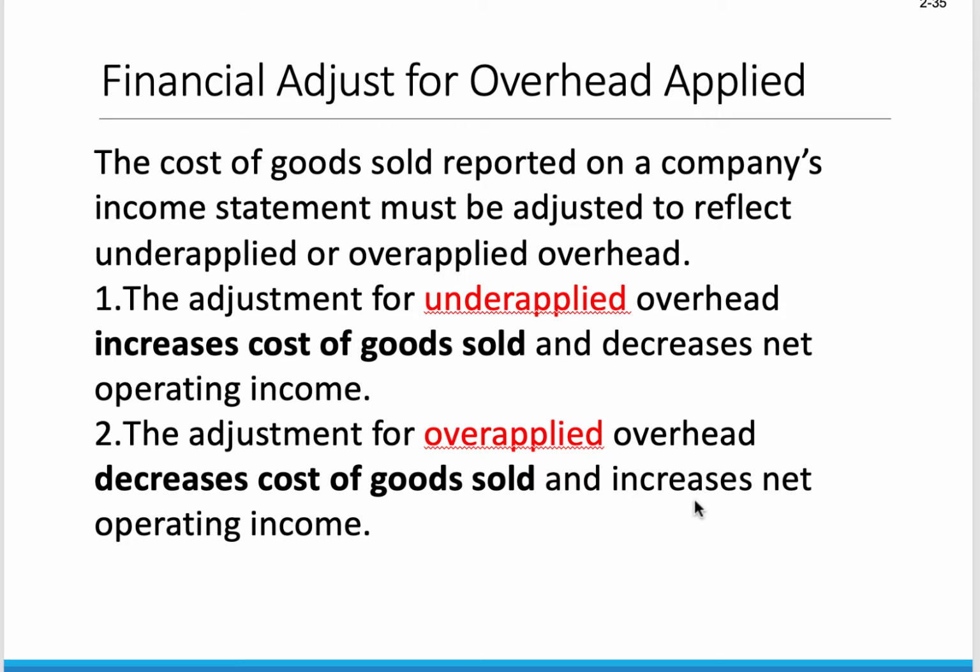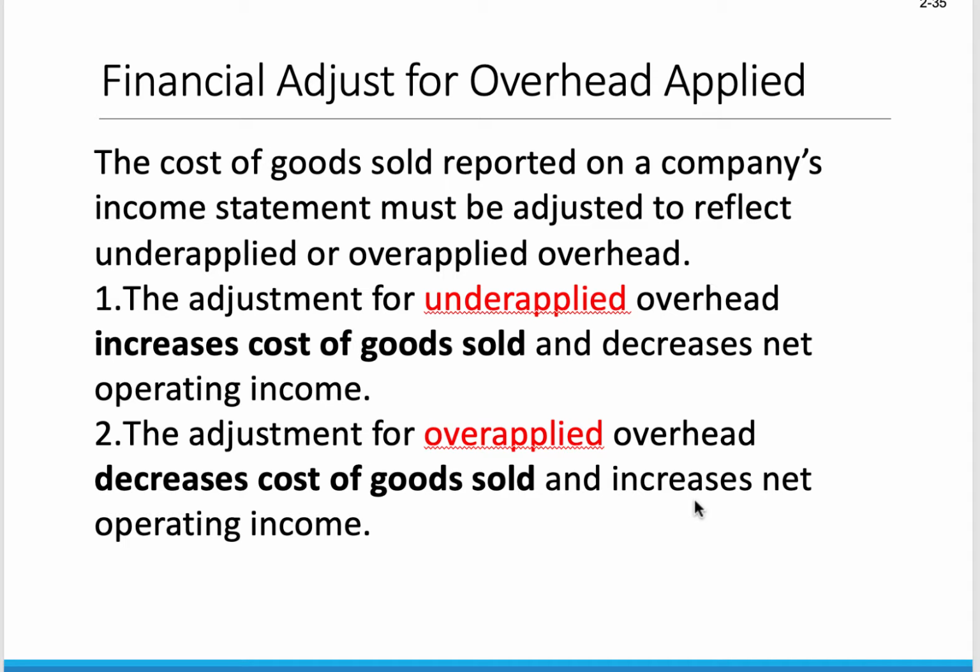Then we switched gears and said, how do we fix this? We have to talk about non-manufacturing costs, or rather, we have to go towards product and period cost, which is the classification for financial statement purposes.